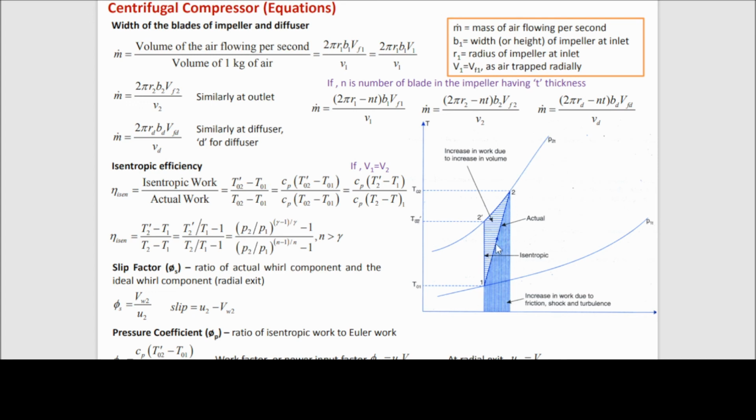The actual means T2 or T02, so Cp into T02 minus T01. That is equal to Cp T2 dash minus T1 by Cp T2 minus T1. Understand that this is the actual process and this is the ideal process. I am comparing this actual work and ideal work.